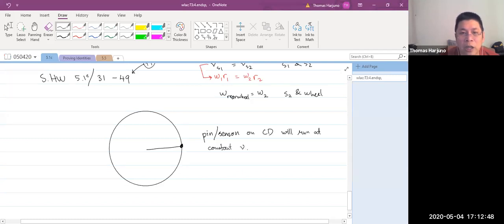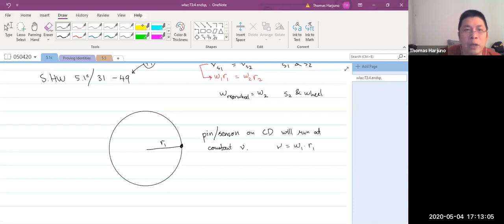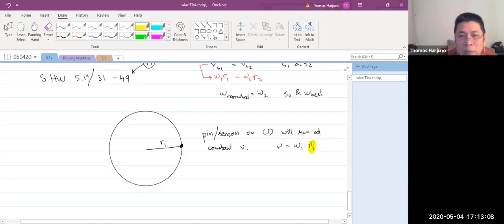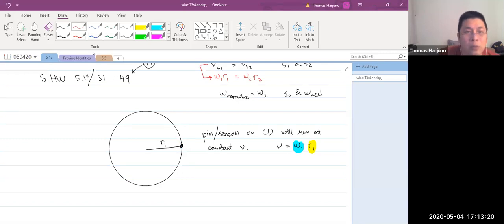Because it is constant linear velocity, when the radius R1 is big, the angular velocity omega will be small. So when you play the CD, the pin starts from the inside.